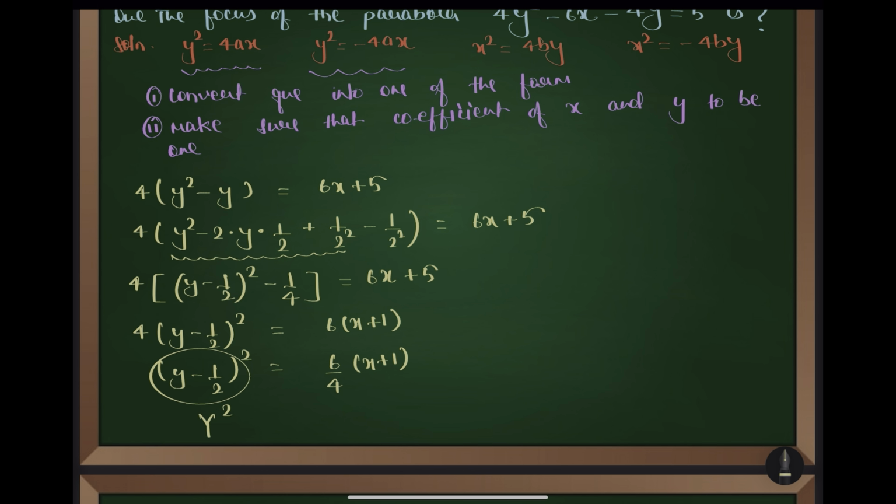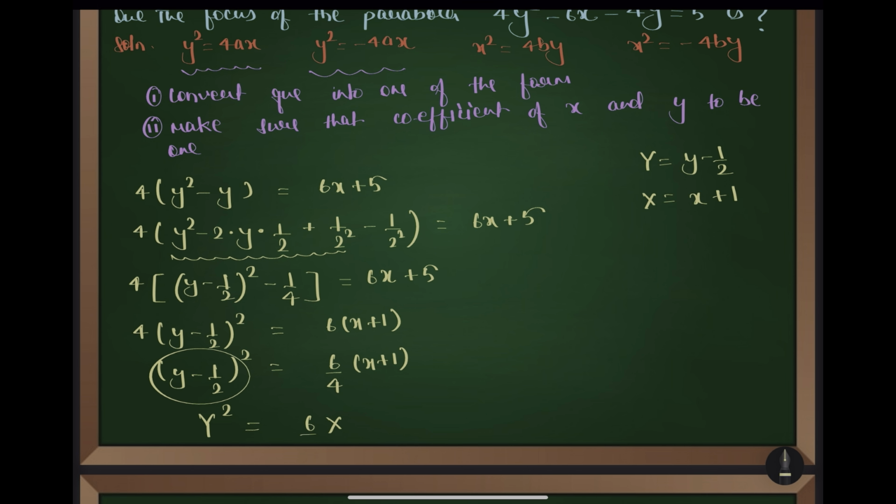So it is Y square. Now we have x plus 1 and we have x, so can I assume that to be capital X? What we did: capital Y equals y minus 1 by 2, capital X equals x plus 1.